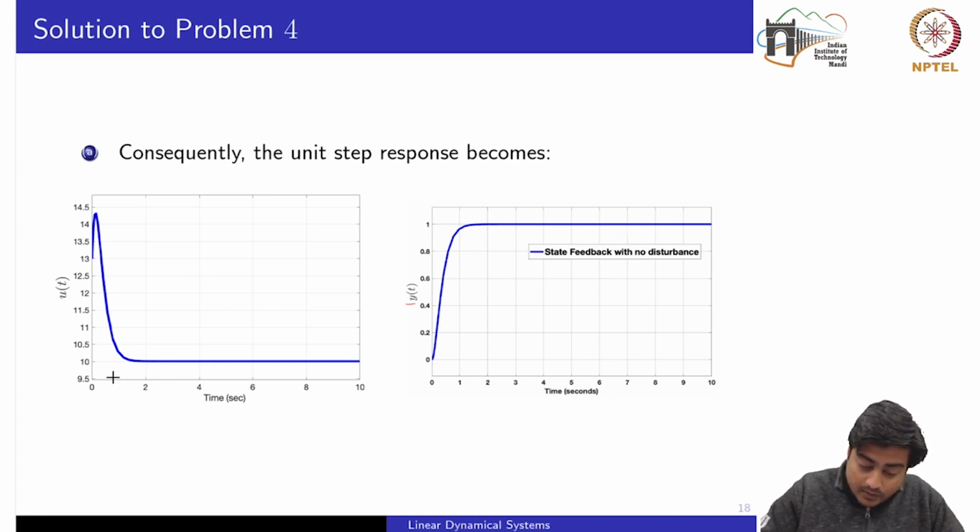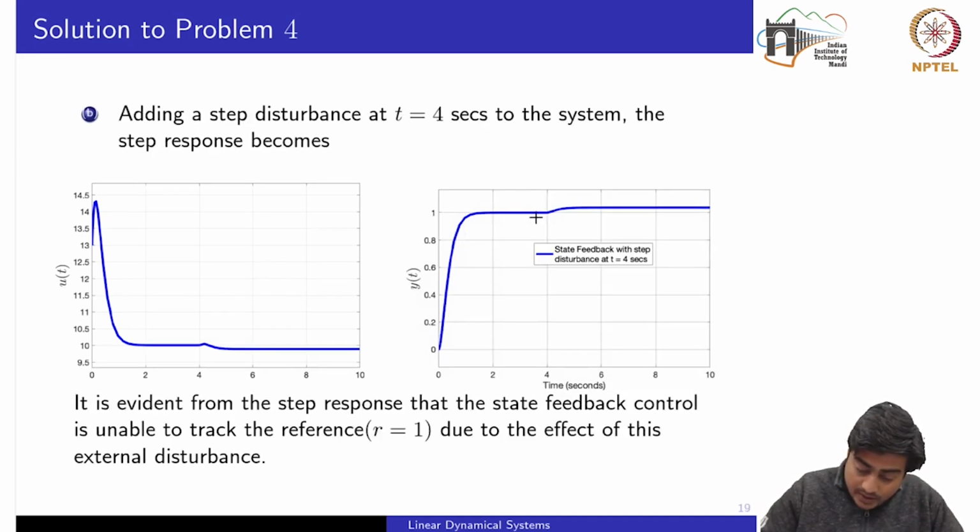Okay. Now the second part of this problem deals with whether, if there are some disturbances acting onto the system, the output is still able to track the reference signal. So this you can do in simulations also, where we have added a step disturbance at t is equal to 4 seconds to the system, and the step response or the output of the system is now given by this.